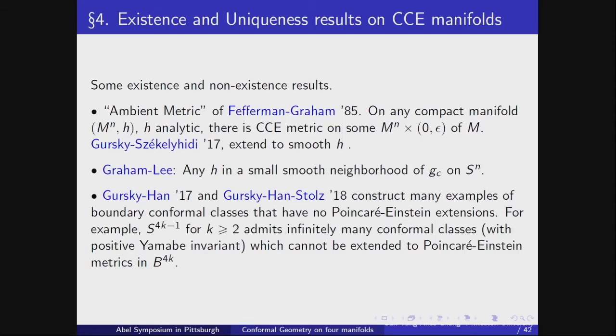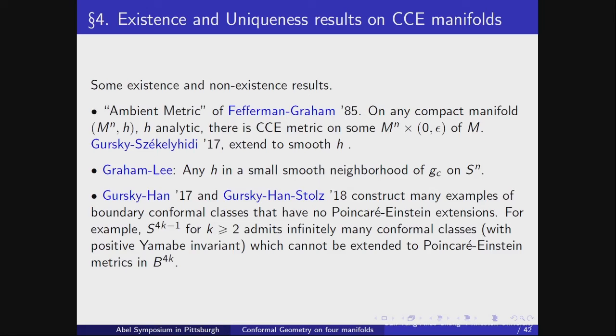There is an important work of Fefferman and Graham in 1985, the Fefferman-Graham metric construction. What they say is that near the boundary, in a neighborhood, such an Einstein metric exists. There is also the work of Gursky and Székelyhidi, which extended this.